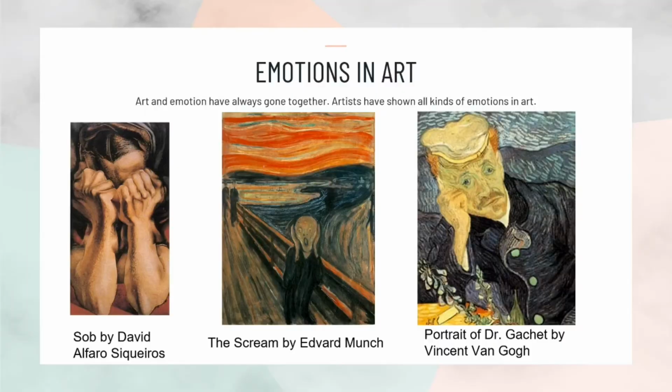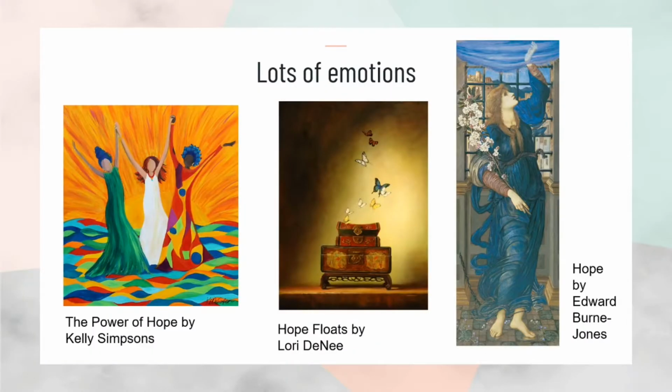What I notice in these pictures that are sad or scared or depressed, everyone's looking down. They're looking down off to the side. And the ones that talk about hope, they're all looking up. Or the artwork is moving up. The artwork shows a lot of, well, just looking up.